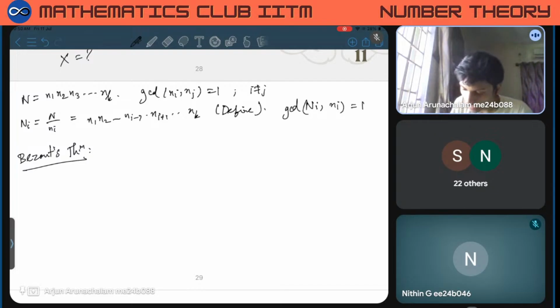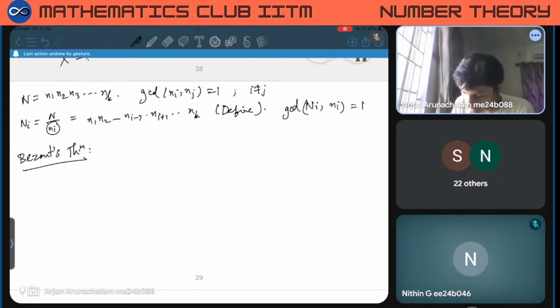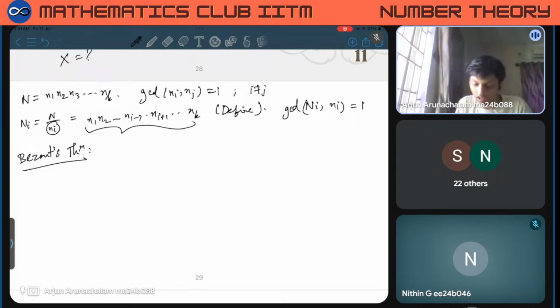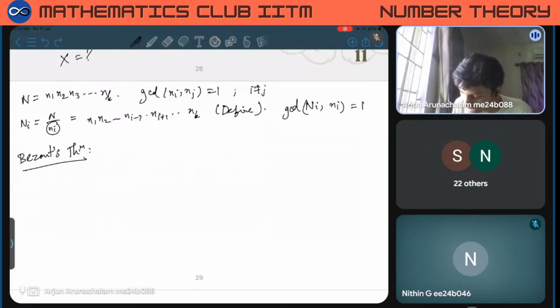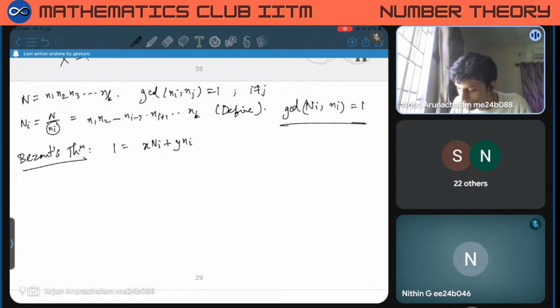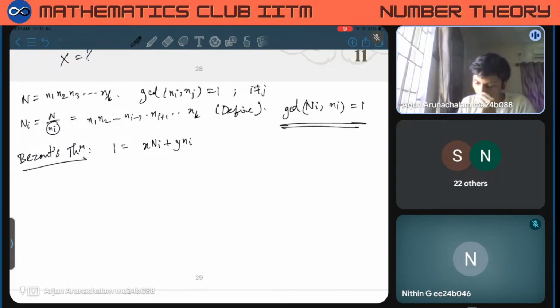Because ni is co-prime to all of these terms, and the entirety of that is co-prime, right? So you can write 1 is equal to some xi Ni plus yi ni. Because the GCD is 1, this representation is possible for xi, yi being integers, right?